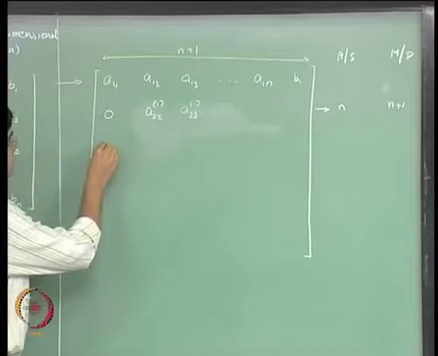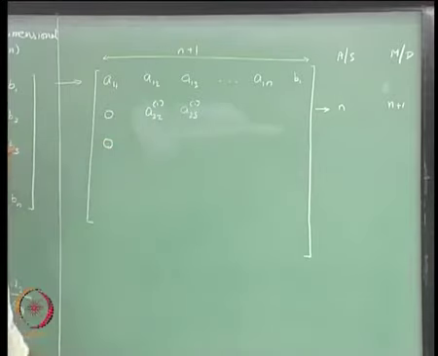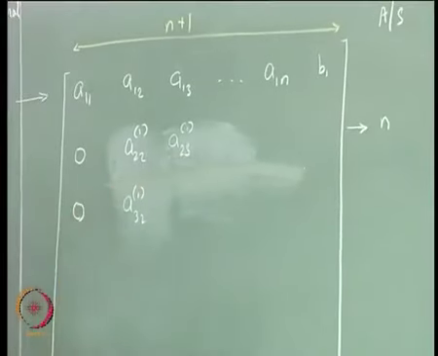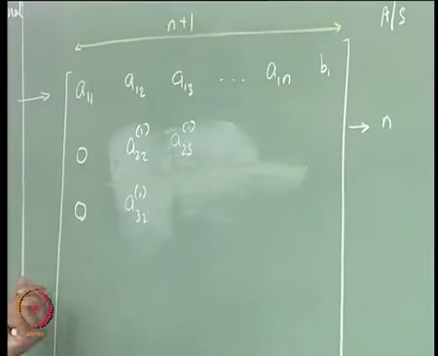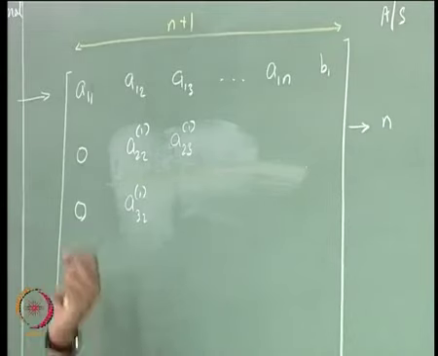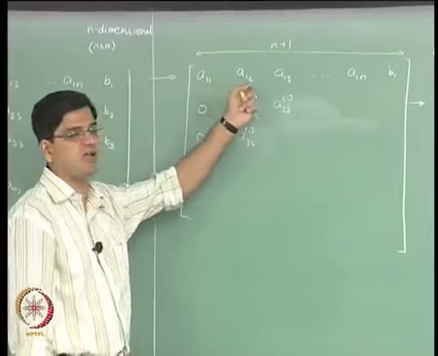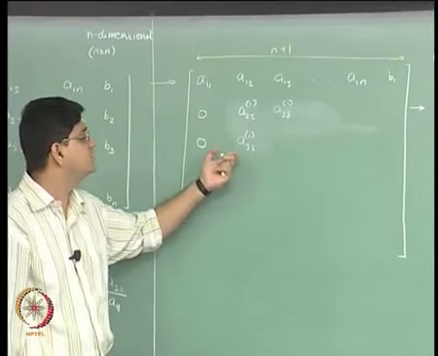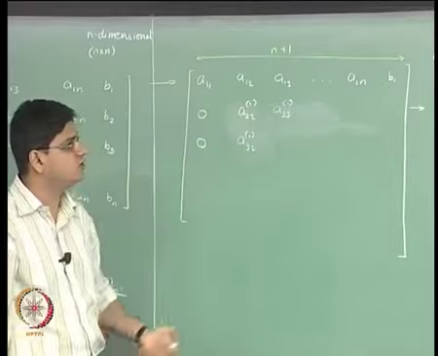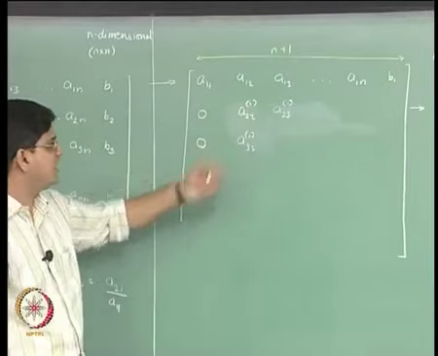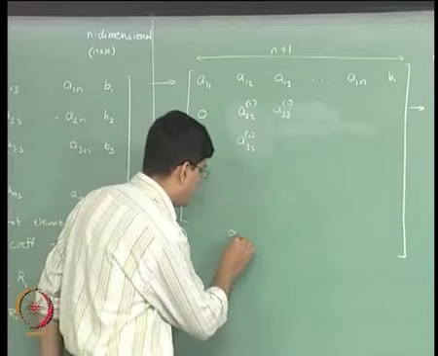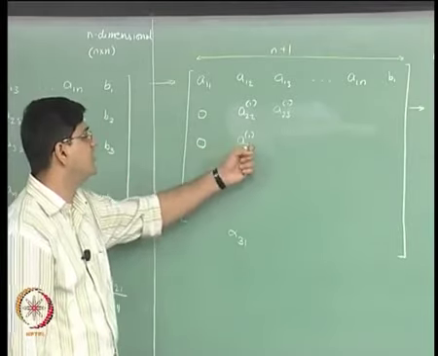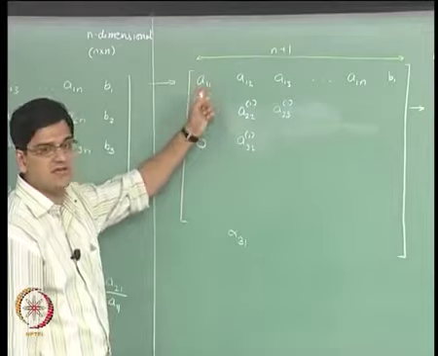In row number 3 again we get 0 over here, and we will compute A32^1, and again A32^1 is going to be equal to A32 plus alpha 31 multiplied by A12. So we need one computation again in computing alpha 31, which is nothing but A31 divided by A11.